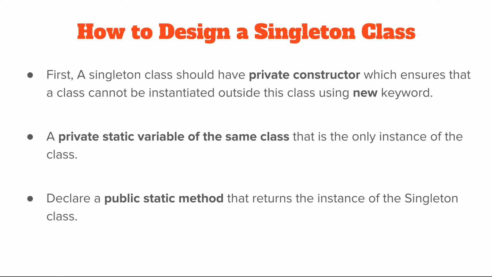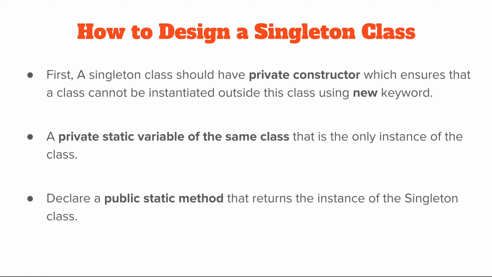Second, we have to declare a private static variable of the same class which holds the instance of the singleton class, right? So basically this variable acts as a state. Third, we have to declare a public static method which returns the instance of the singleton class.